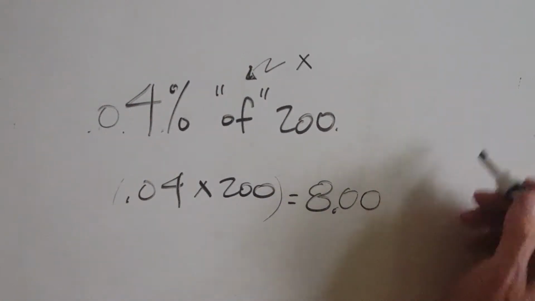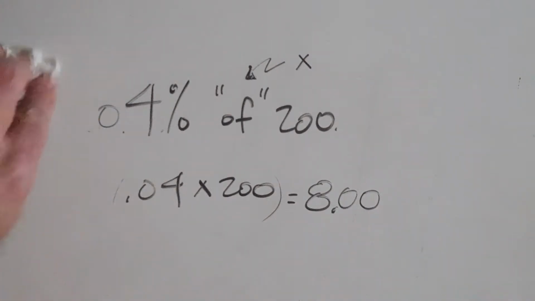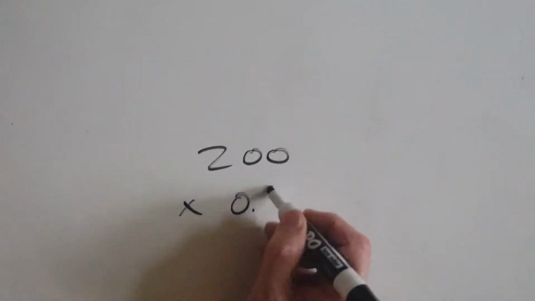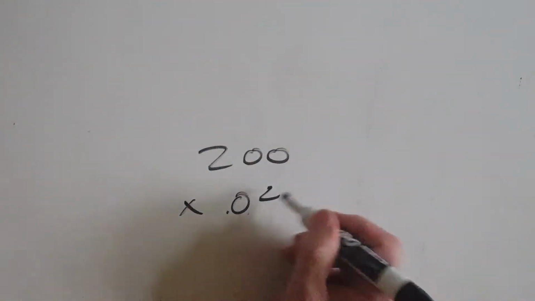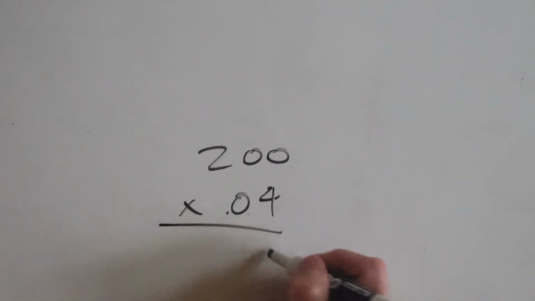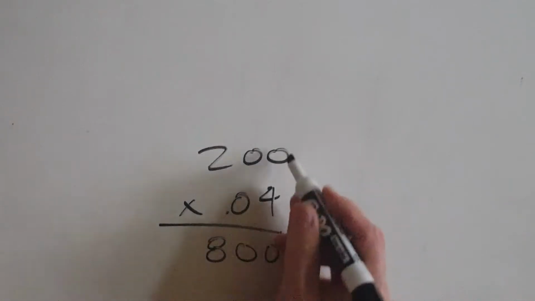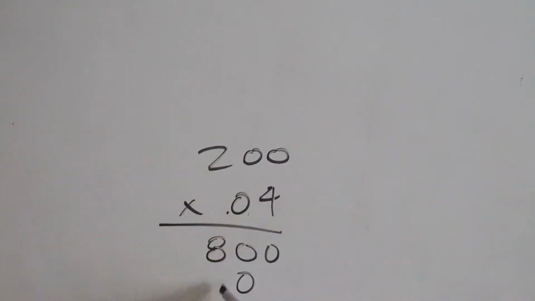Let's do it over here, actually. Okay, so if we do 200 times 0.04, 2 times 4 is 8, and then 0, 0, 0. Drop everything.